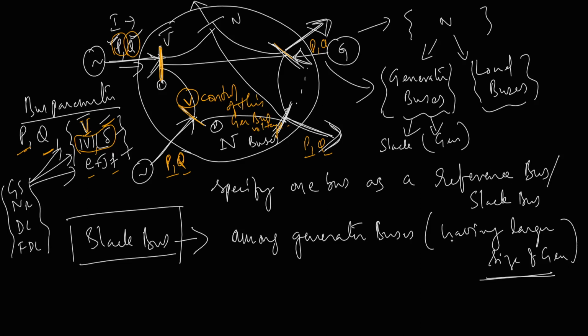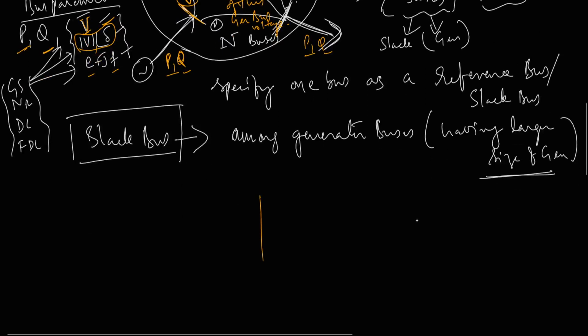Normally generator bus voltages are controlled. What do you mean by controlled? A controlled bus is something like the generator is connected to this bus, and this bus voltage is actually controlled by this generator by means of its excitation.